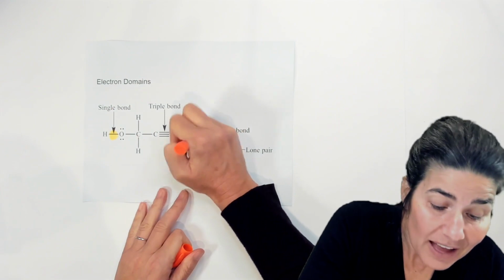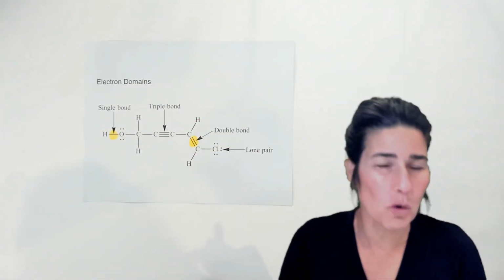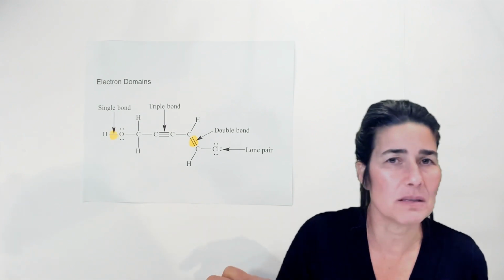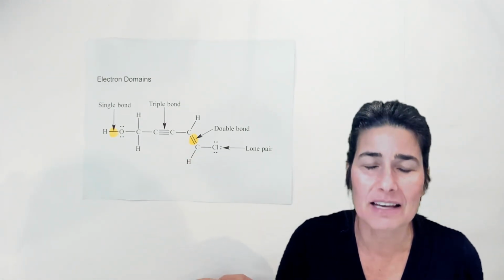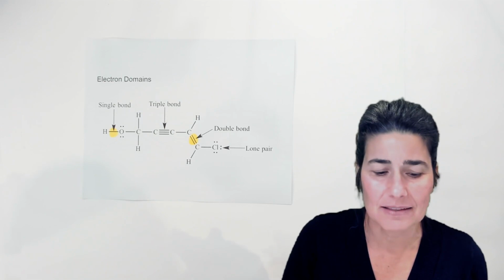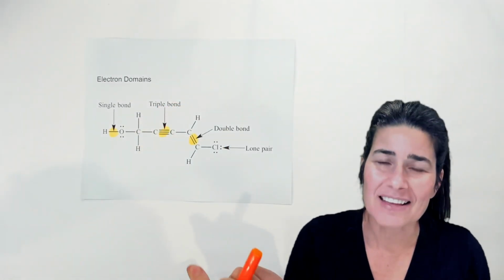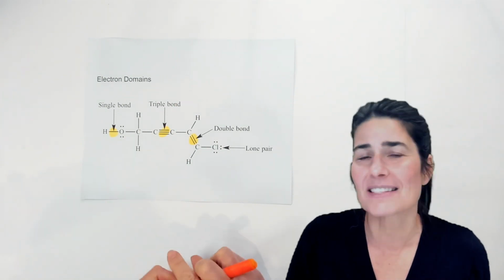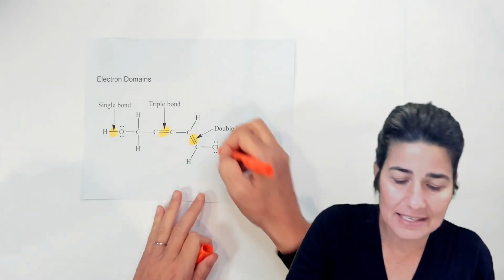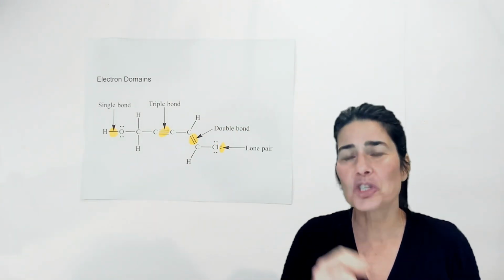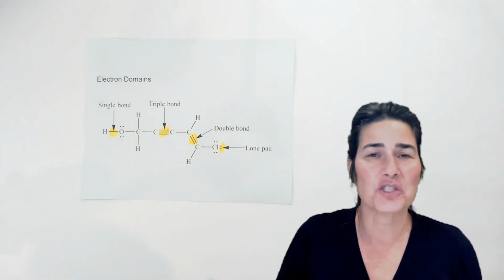A double bond is a single domain, one area where electrons live. There happens to be 4 electrons that live in that single domain. A triple bond is a single domain. There happens to be 6 electrons in that domain. And a lone pair counts as one domain. 2 electrons live in that domain.